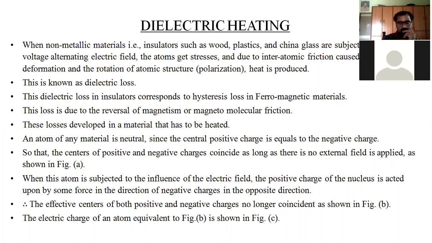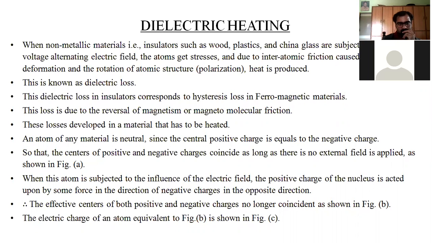So how is this loss going to occur? This is nothing but the magnetism which we developed regarding the charge and the heating process. If we make it reversal, the magnetism is going to reverse, and by that the loss is going to occur.